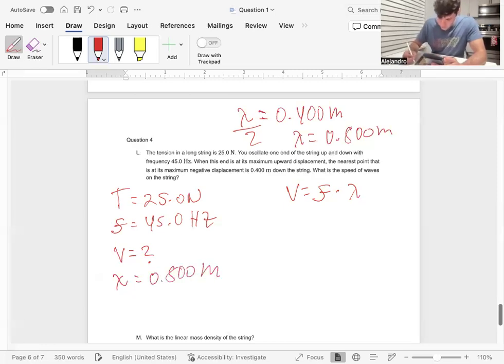Like I mentioned before, we're going to use the formula speed equal wavelength times frequency. That's the formula that relates all of those. Speed is what we're going to find. Frequency, we have it, which is 45 hertz times 0.800.